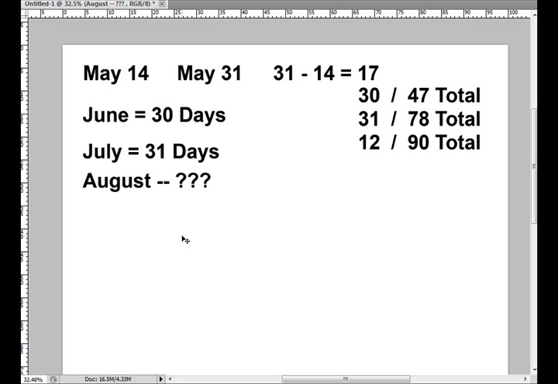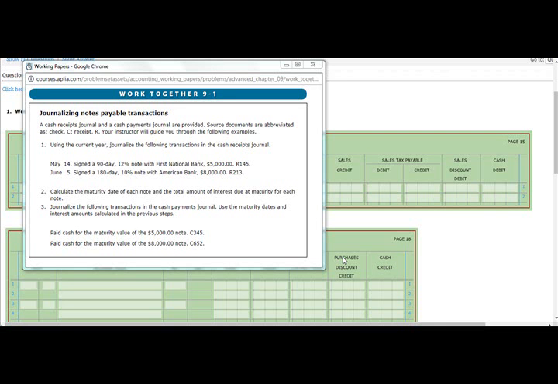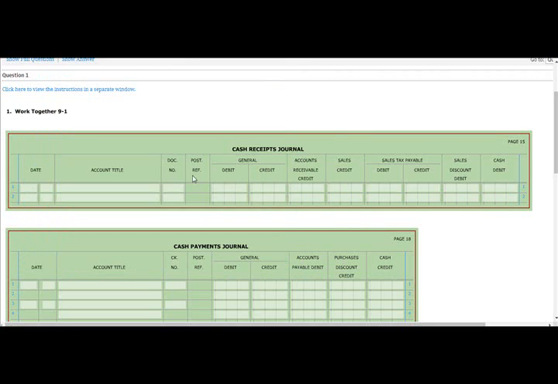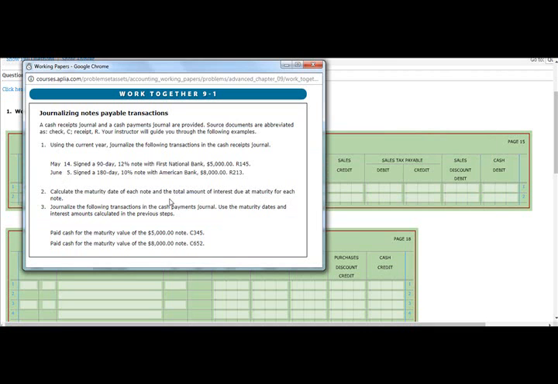Okay, so let's look into Aplia and figure out where these numbers go. Okay, here in Aplia you can see the directions for work together 9.1. We're going to do the May 14th transaction first. So on May 14th we signed a 90-day 12% note for $5,000, receipt 145. So what we'll do in our cash receipts journal, we're going to lay out our date, and we're going to have something called a note payable.